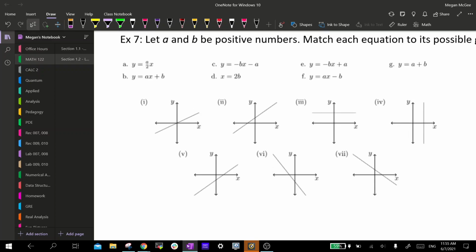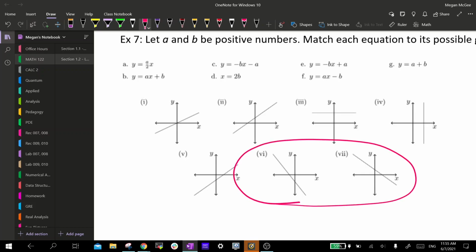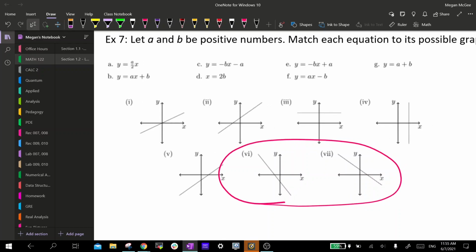So, let's see, maybe we want some strategy to what we are doing here. How about let's look at these two graphs first and try to find their corresponding equations. Why did I single out these two graphs? Well, they both have negative slopes, right?